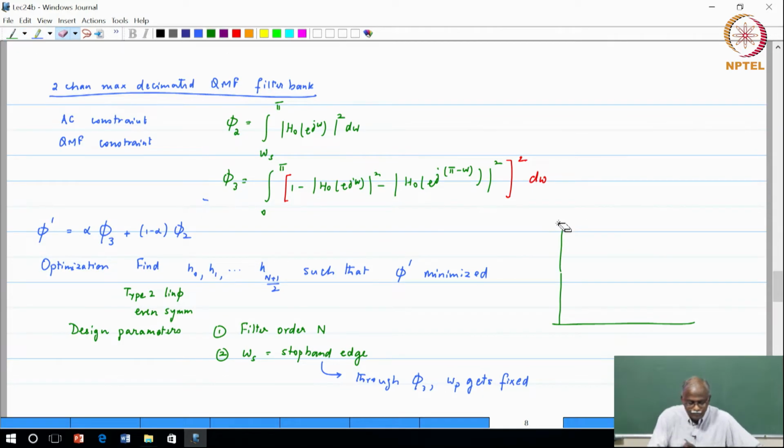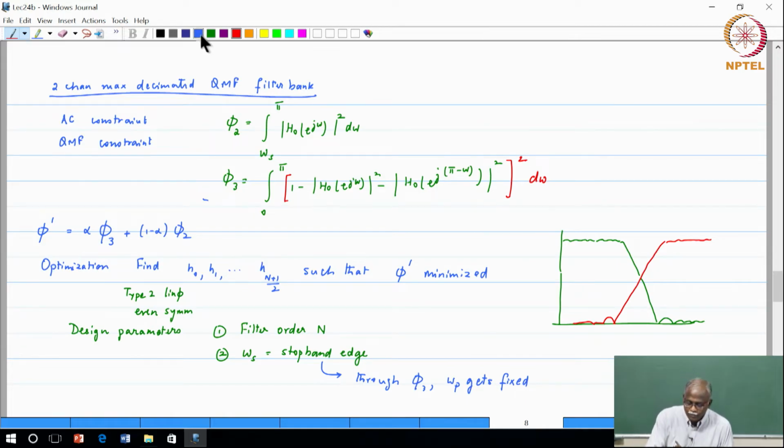So, some ripple in the passband and then, okay, that is it, and if I draw the shifted version, it is going to look identical, because it is the original filter shifted.